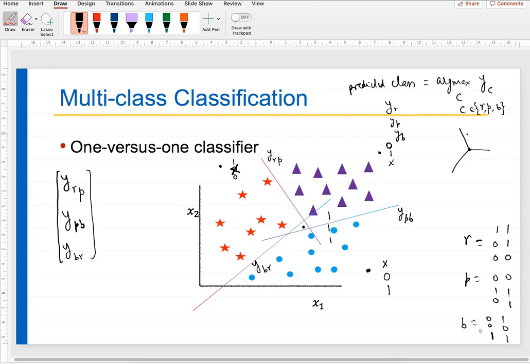Let us say this line is my yr, this line is my yp, this line is my yb. So if this is maximum, means if this is close to 1, then I will take this class to be red. Out of these three, whichever is maximum, I will take that class as my solution. So this is how the classifier will look like, and it will have no ambiguity. It will give me an answer always.